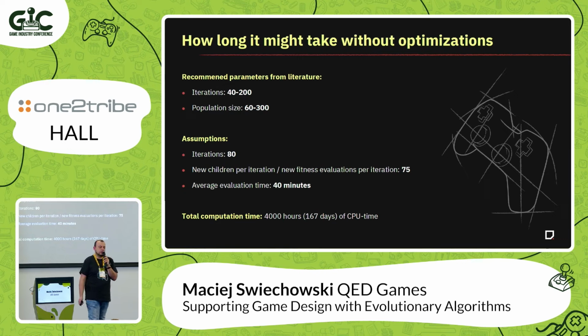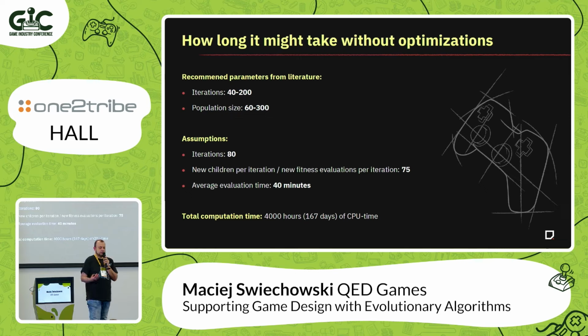So how fast does it need to be? First, let's take a look at how long this evolutionary algorithm optimization of parameters may take without any optimizations. Let's assume common sense numbers, parameters which often work well in the literature.